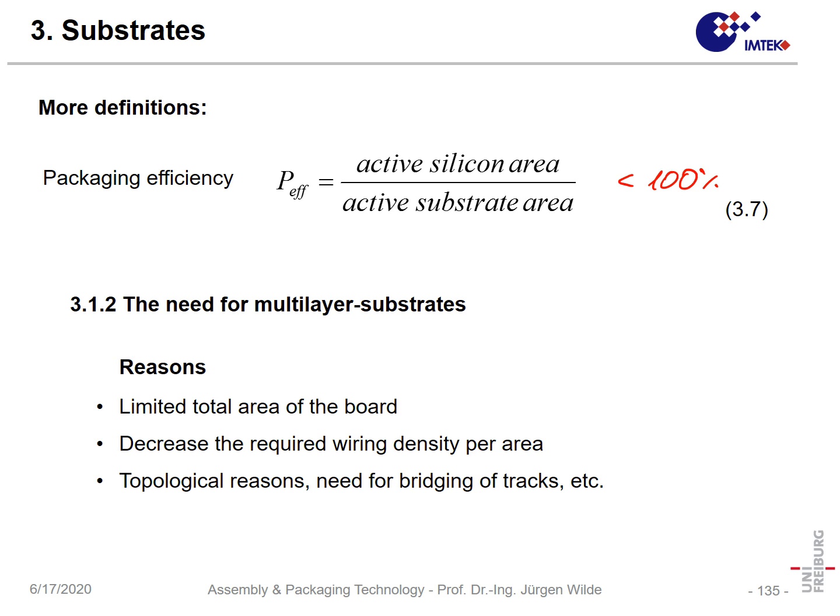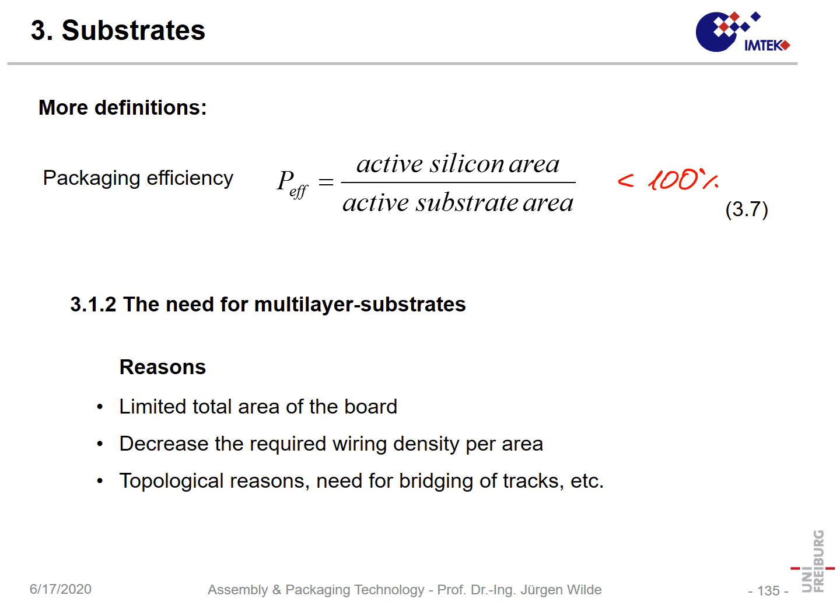So we have already treated multi-layer substrates, and what are the reasons we have these? It's first of all the limited total area of the board. So sometimes we do not want large area boards, but well confined areas. Just imagine a USB stick. It should not be 5 centimeters long, but we want it maybe only 2 or 3 centimeters. Also, we can decrease the required wiring density per area on one layer.